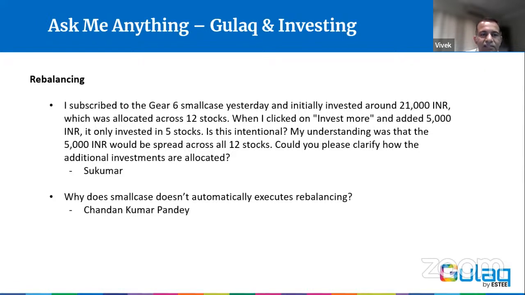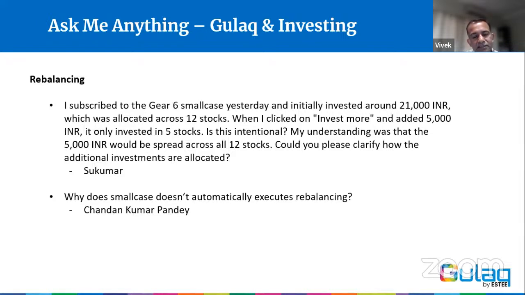Okay. Why doesn't small case automatically execute rebalancing? Because by regulations, it is not allowed, Chandan. Anyone apart from you, not your broker, neither small case nor your advisor, can actually place orders on your behalf. So what is happening is we are advising.